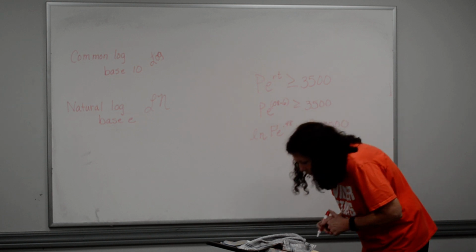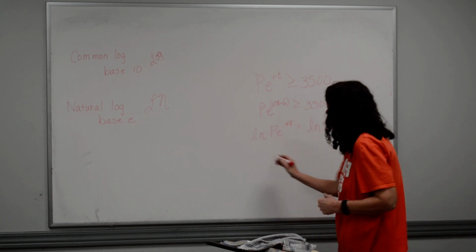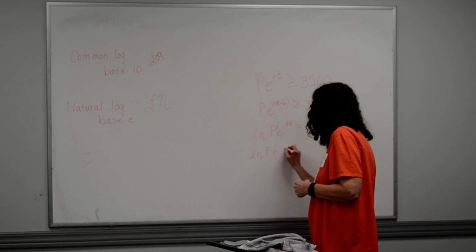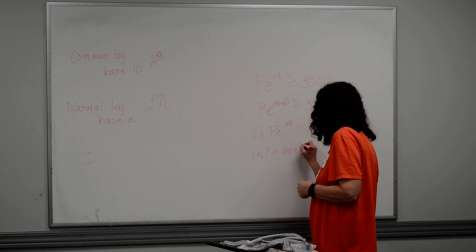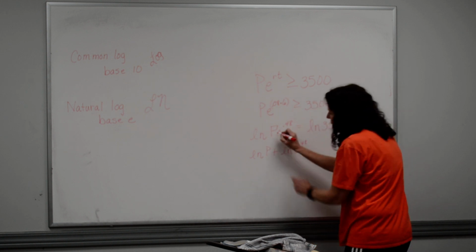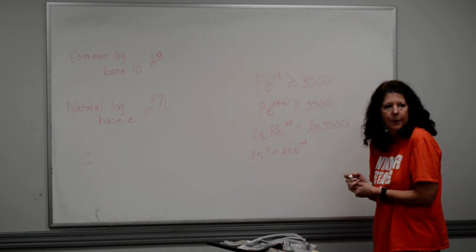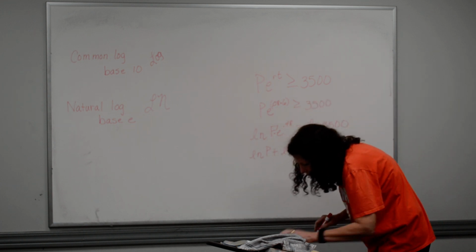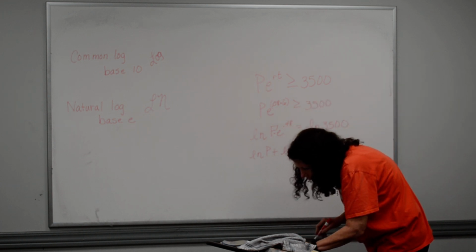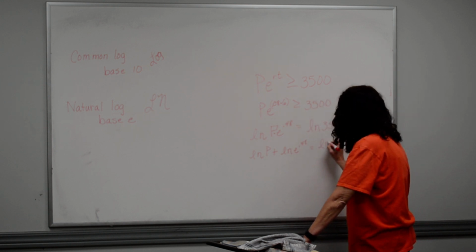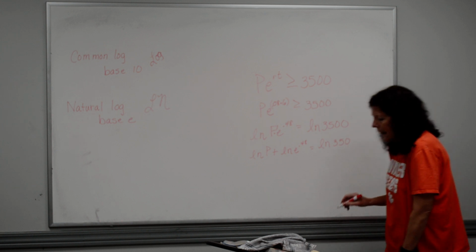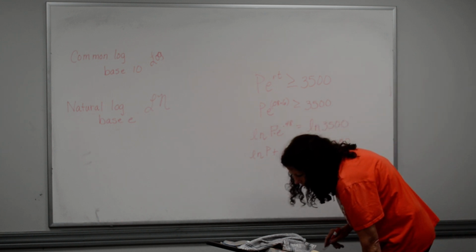Then if you look, they separated this out: the natural log of P plus the natural log of e raised to the 0.48 power, because those two things are multiplied together. This side has a value. They left it there for now, and we'll just have the calculator do it.